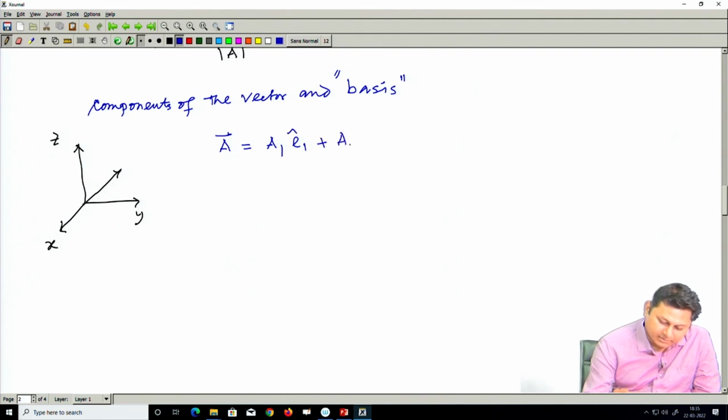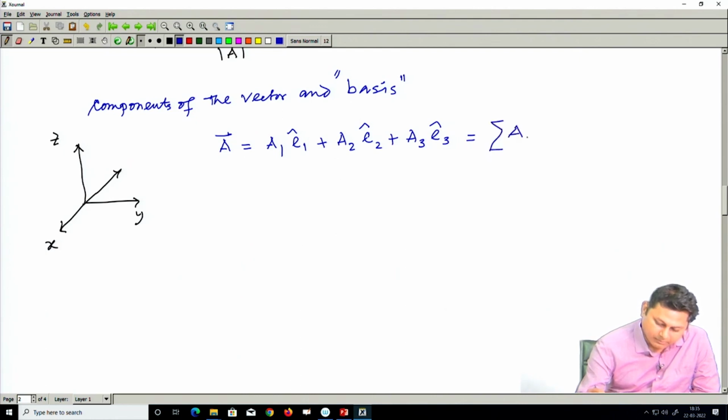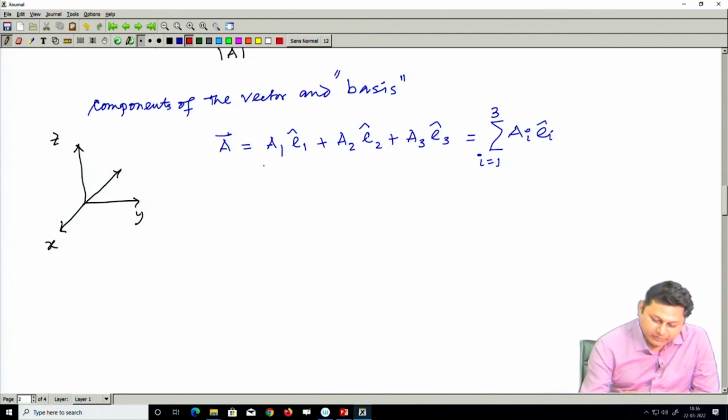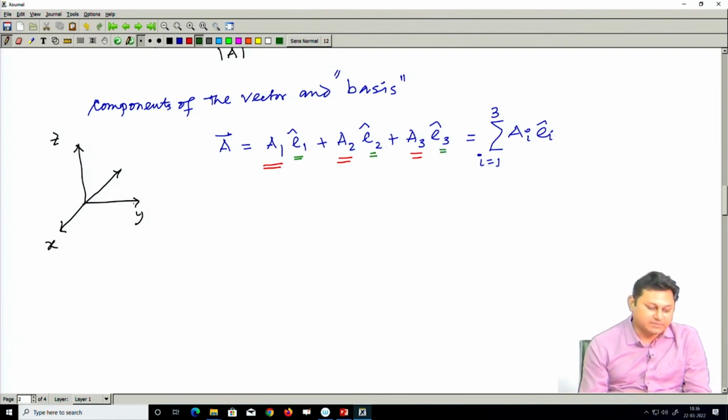If I write it, it should be written in this way. A1, A2, A3, these are the components of the vector, and E1, E2, E3, these are the bases along these 3 directions x, y, z as per this figure.